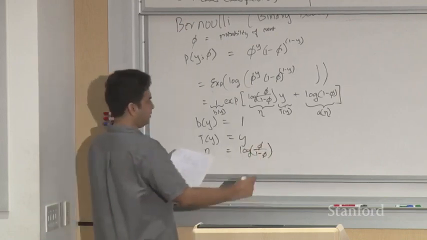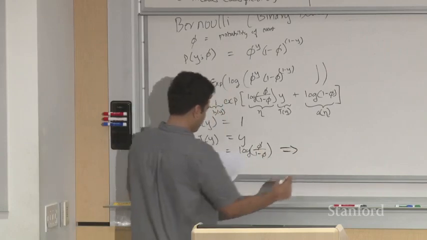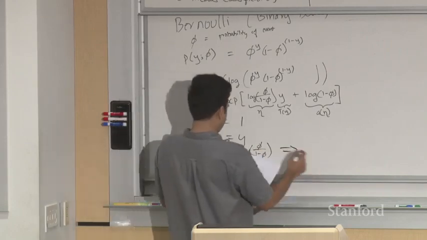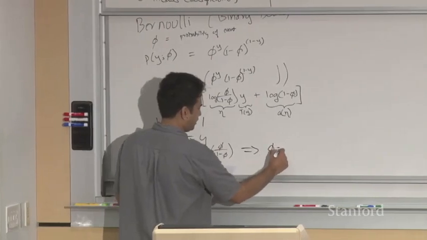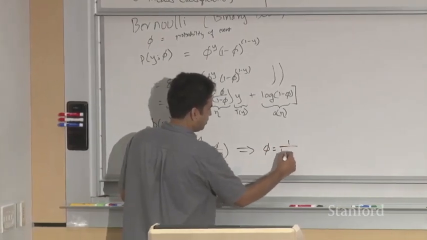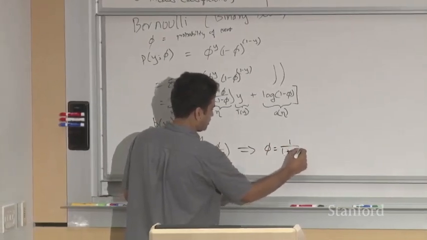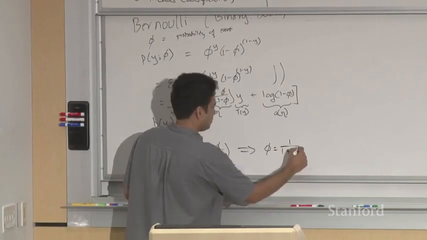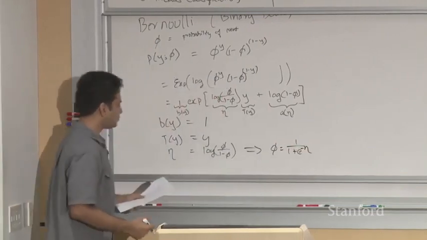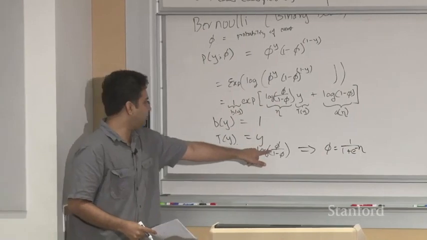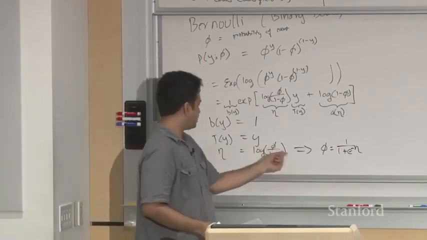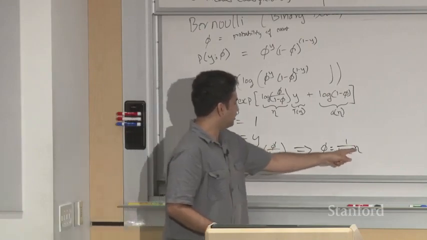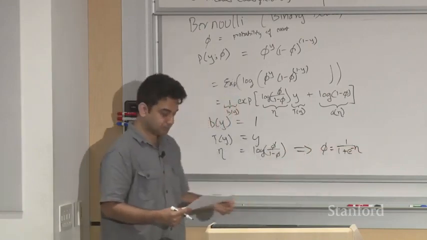An equivalent statement is to invert this operation and say phi is equal to 1 over 1 plus e to the minus eta. I'm just flipping the operation: this went from phi to eta, and here it goes from eta to phi.